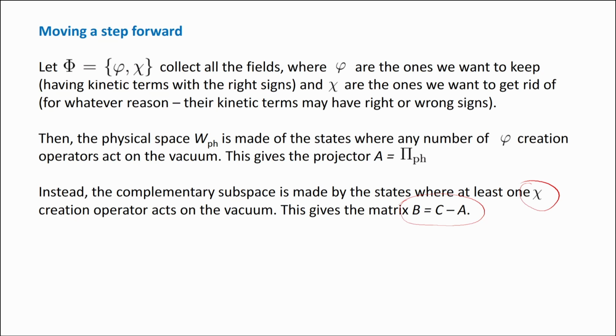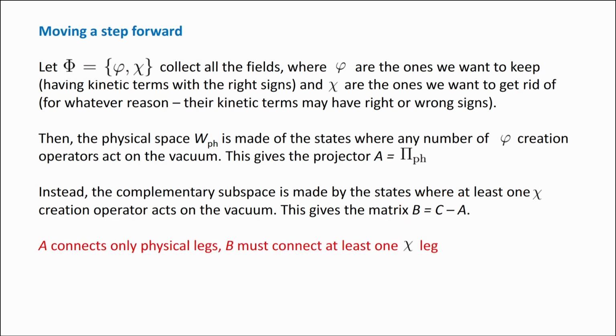One is a physical subspace, which is obtained by acting on the vacuum only with the creation operators of your physical fields. And then you have a complementary space, which is obtained by acting on the vacuum with at least one creation operator of the unphysical fields, or the fields you want to remove for whatever reason. So basically, A, this matrix, connects only physical legs. B must connect at least one leg that belongs to the set of fields chi we want to remove, at least one.